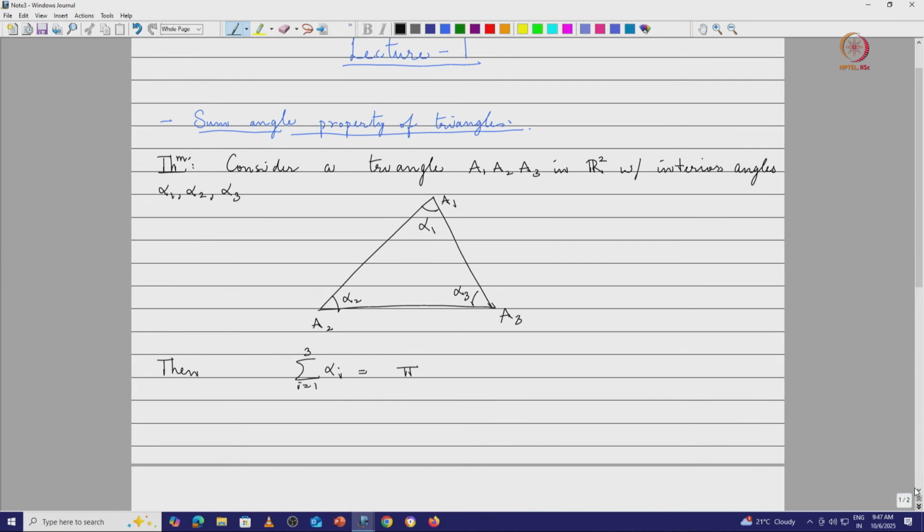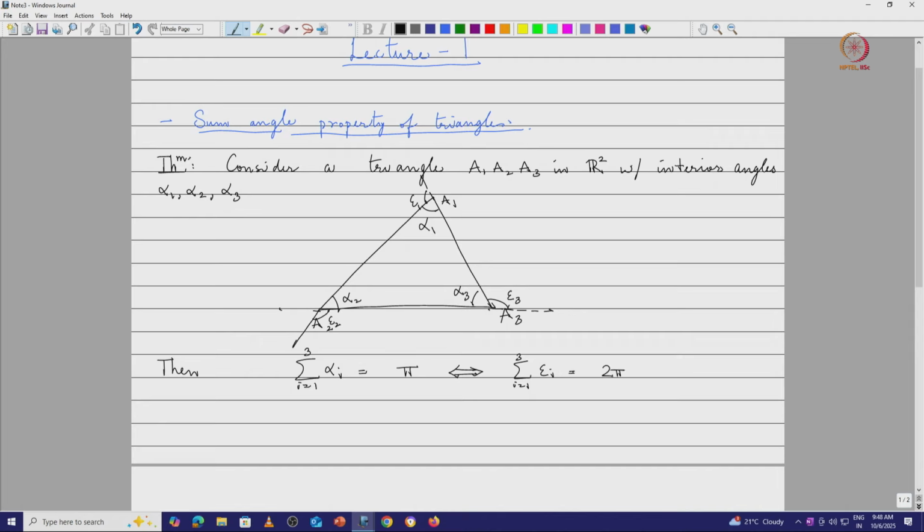Actually, it is possibly more useful sometimes to state this theorem in terms of the external angles. So, let the external angles be epsilon 1, epsilon 2 and epsilon 3, then this statement is equivalent to the statement that the summation of the external angles is exactly 2 pi.